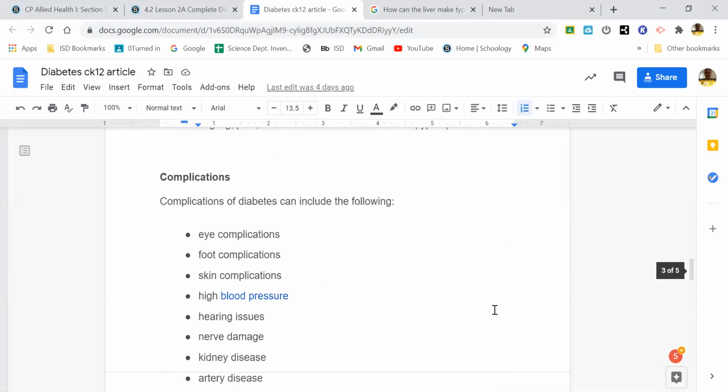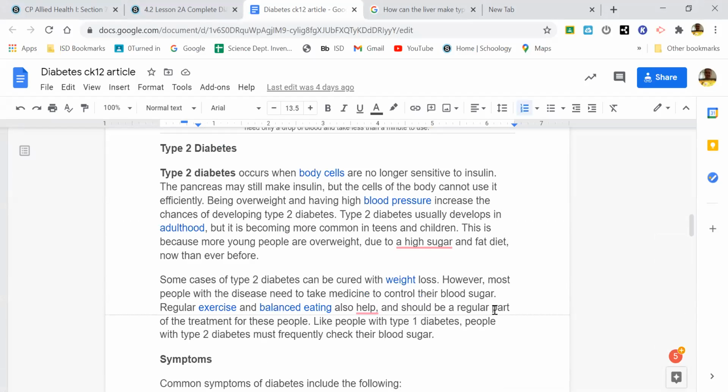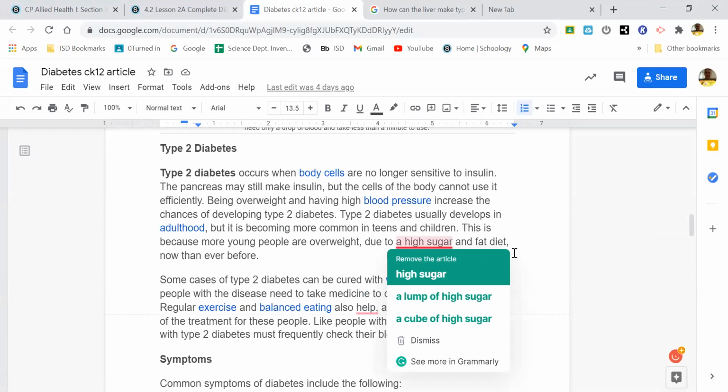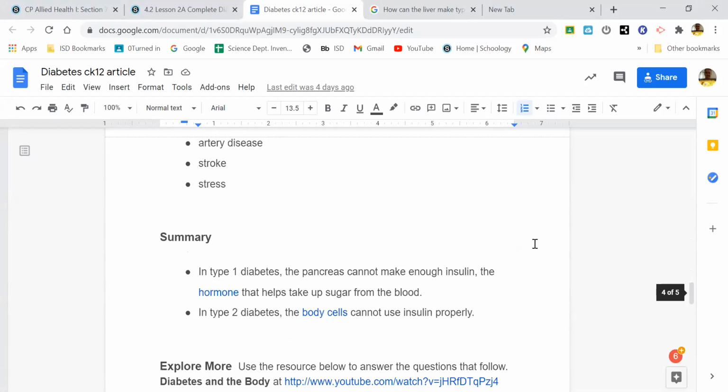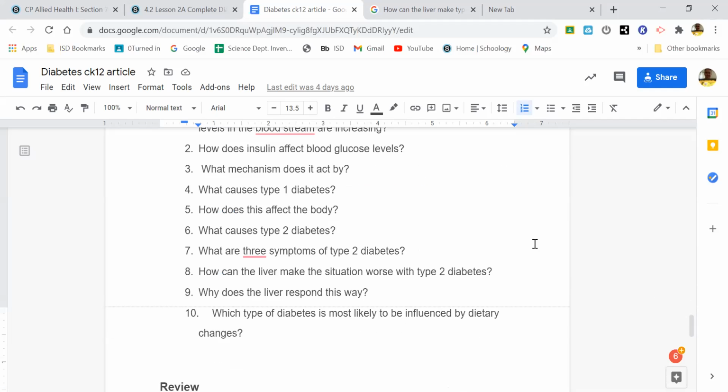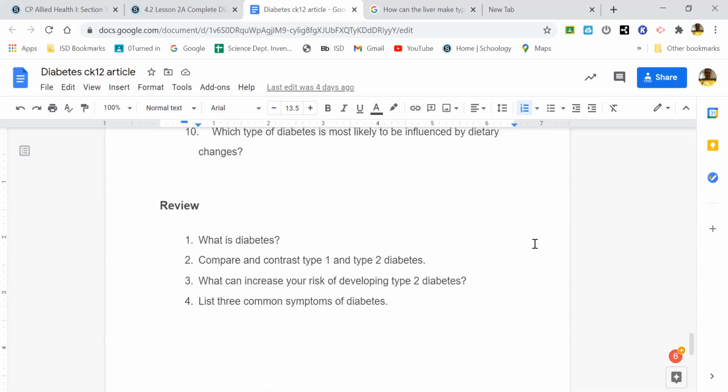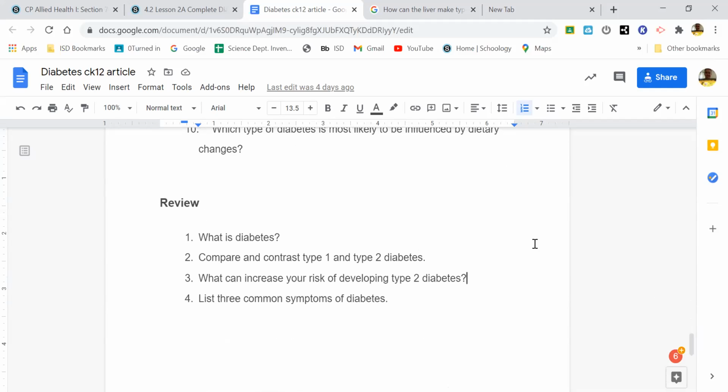A poor diet high in carbohydrates can increase the risk, as well as a high fat diet and being overweight. So it's actually this sentence right here. More young people are becoming overweight due to a high sugar and fat diet. That is the problem. A diet high in sugar and fat, being overweight, causes a risk of developing type 2 diabetes.